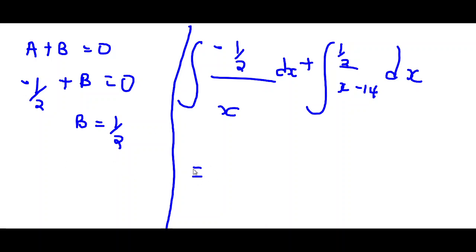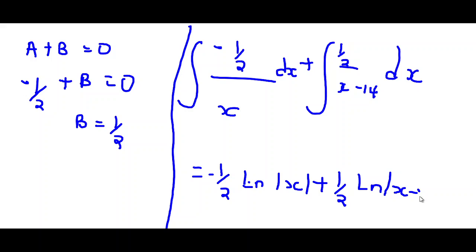So when we integrate that, we're going to have negative a half ln x plus a half ln x minus 14 plus c.